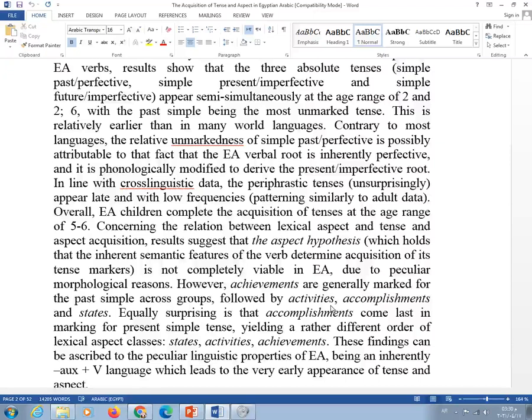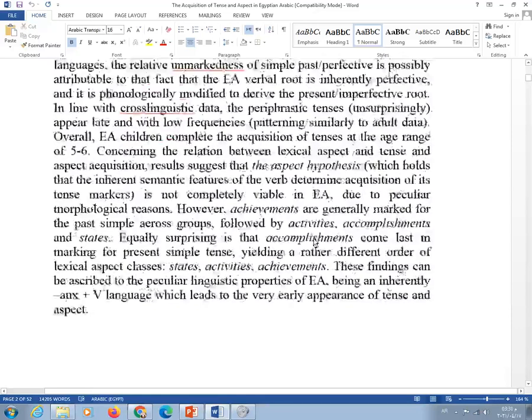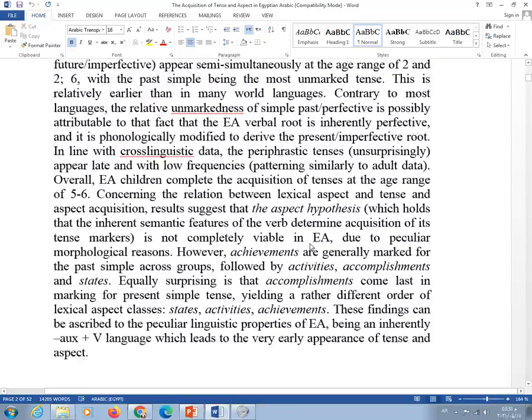So the findings of this study are to some extent new because of the very structure of Egyptian Arabic, and how the topography of the language affects the acquisition of its grammar.